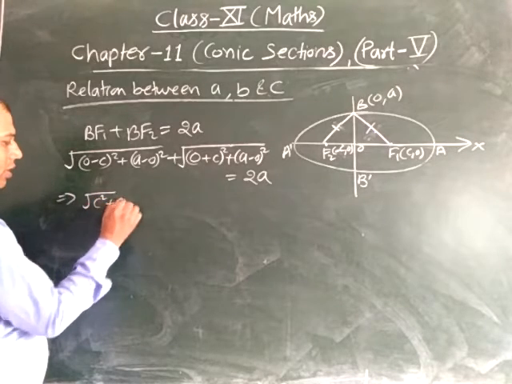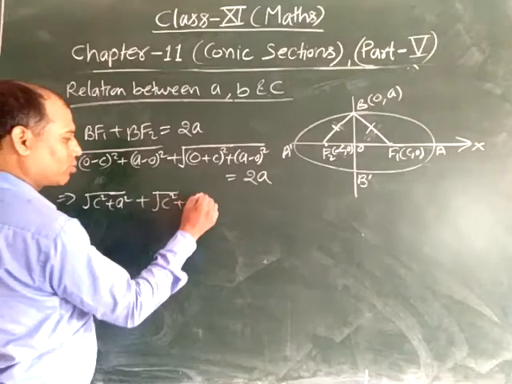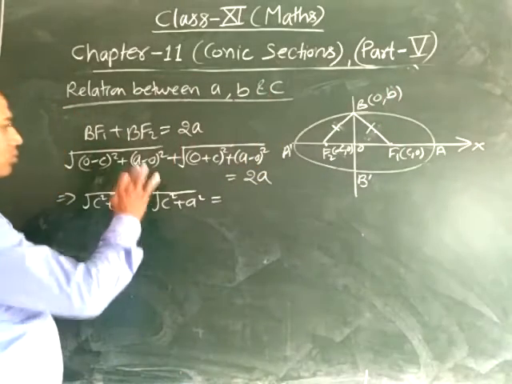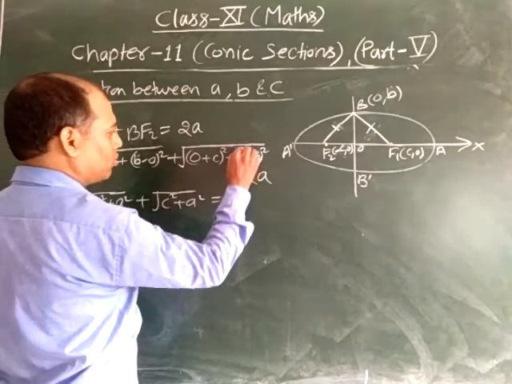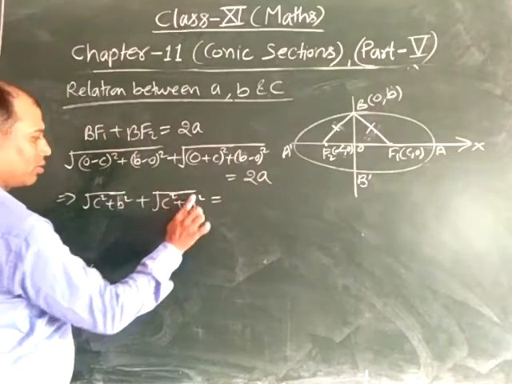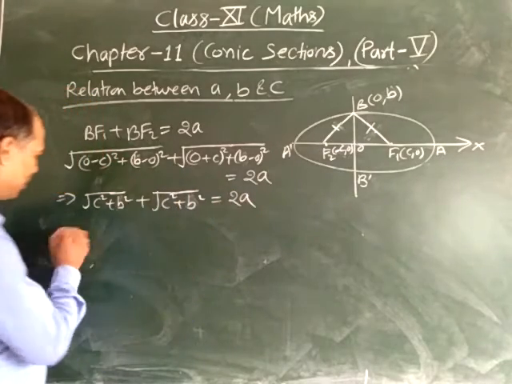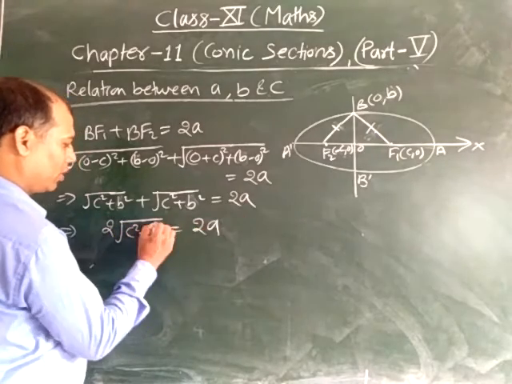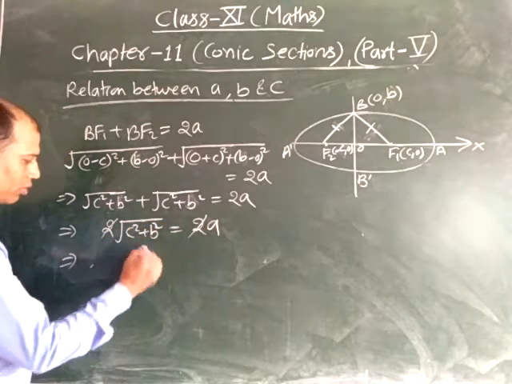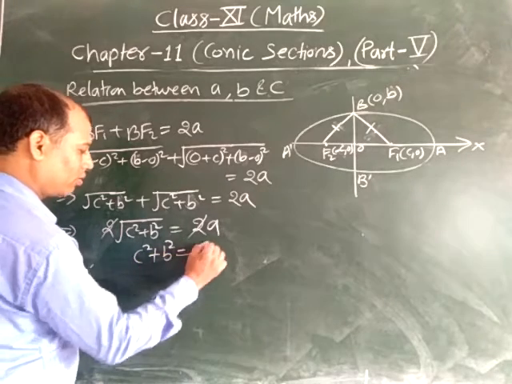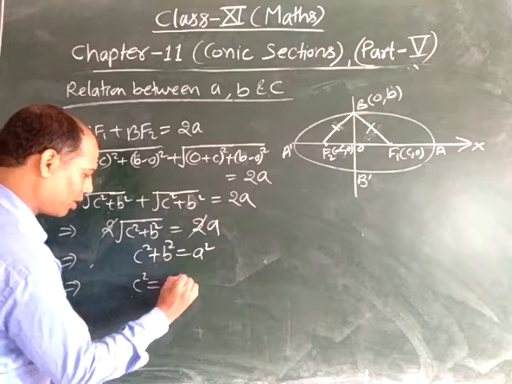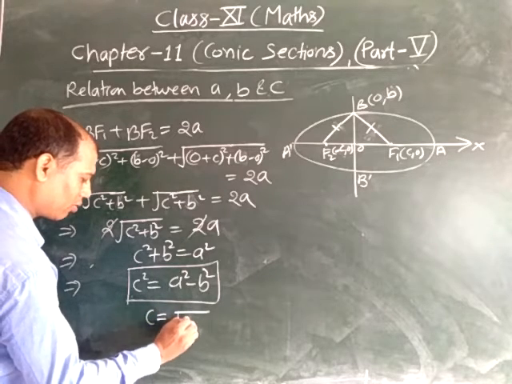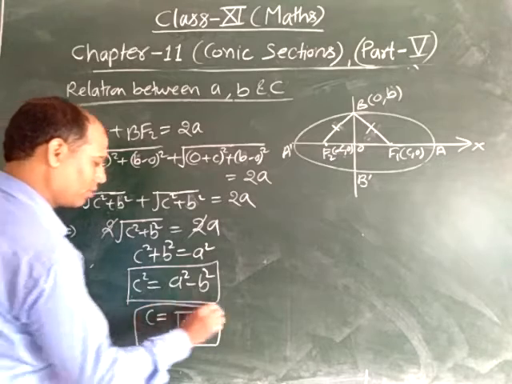So this can be written as the square root of C square plus B square plus the square root of C square plus B square, which is equal to 2A. So 2 times the square root of C square plus B square equals 2A. 2 is cancelled out with 2, and squaring on both sides, we can write C square plus B square is equal to A square, or C square is equal to A square minus B square. It is clear, students?